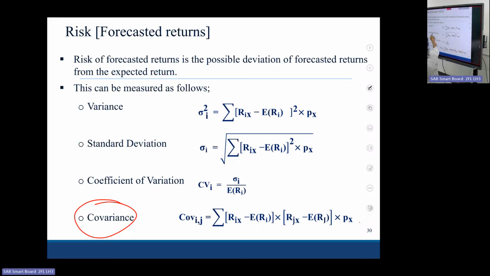Variance and standard deviation you can calculate for a single security, a single stock. But with covariance, we measure the co-movements of two stocks' returns. By looking at their co-movements, you can assess the risk.